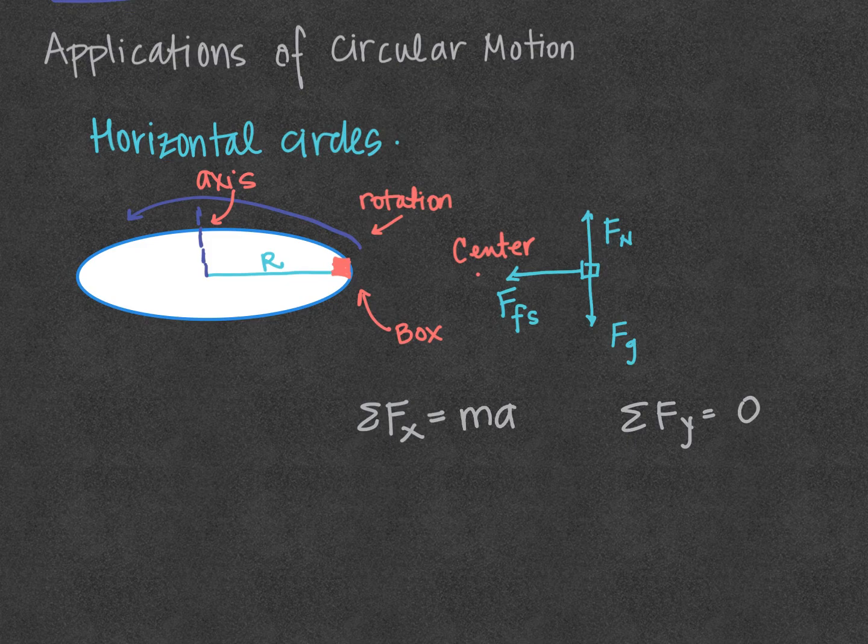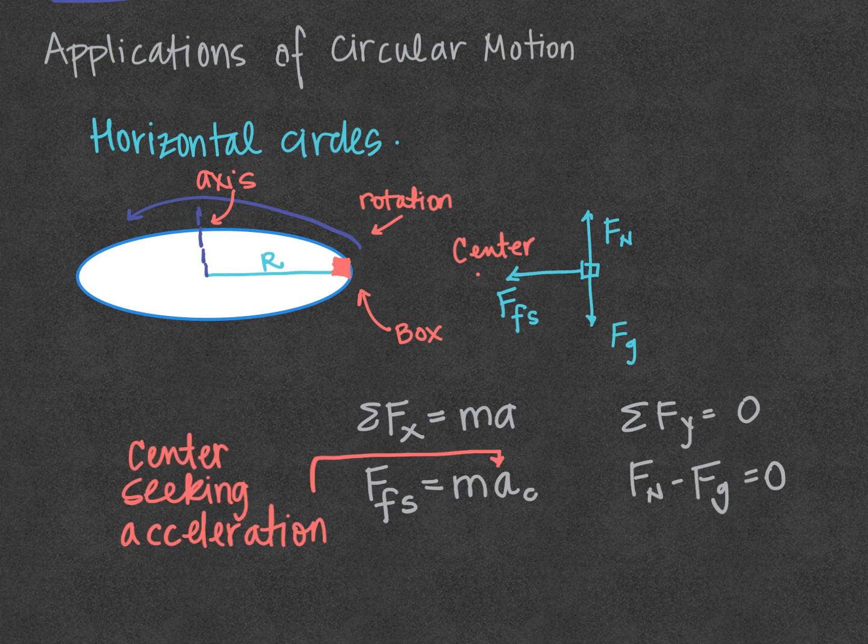The object's not rising or falling, and so the normal force up minus the weight force down equals 0. So let's take a look at what's happening in the x direction. In the x direction, there is a friction force pointing towards the center.